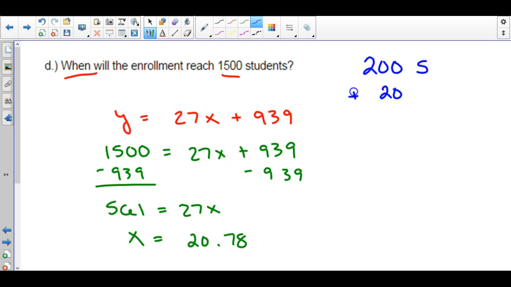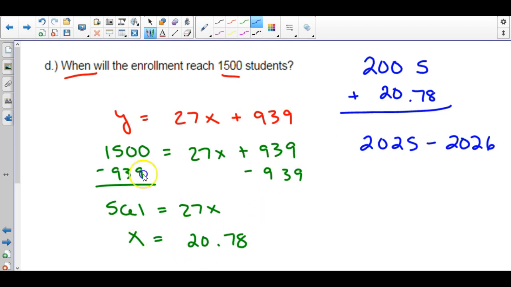So we're going to add that to really figure out what the year is, and then this would really represent the year 2025. I could say 0.78, or we could say it's going to take between 2025 and the year 2026 before our enrollment reaches 1,500 students.